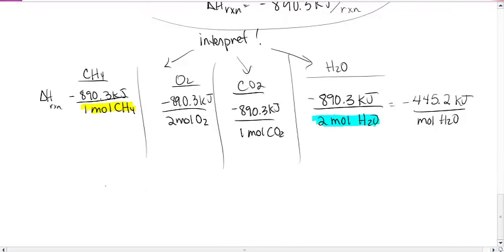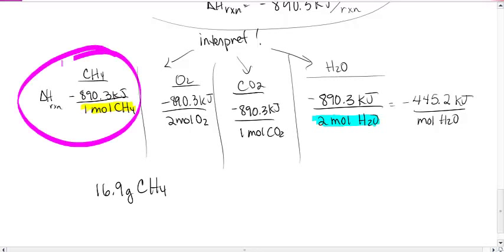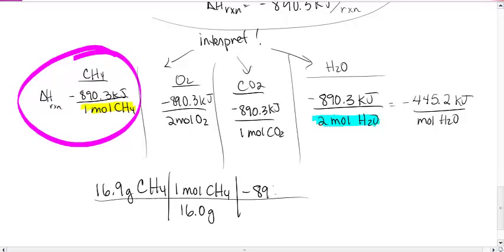Now in the problem, I had 16.9 grams of methane burning, and we want to know how much energy was being given off. Well, I'm going to use this one, because I want it per mole of methane. So now it just becomes like the other problems. This is in grams, so I need to convert it into moles. This is 16.0 grams per mole of methane, and then it's negative 890.3 kilojoules per mole of methane.